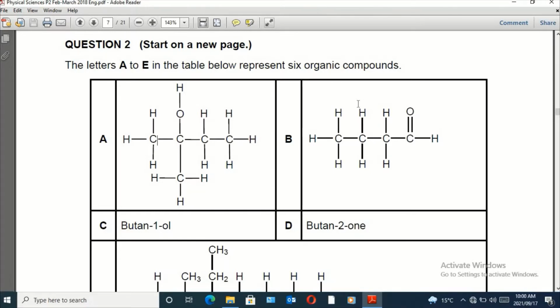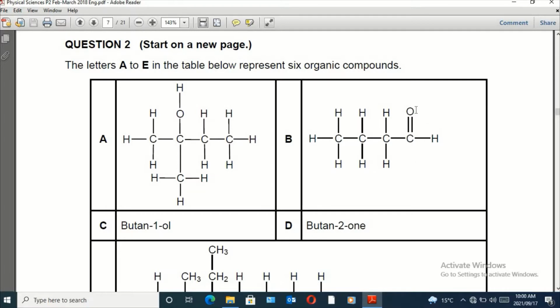Compound B is what we call an aldehyde. But then how do you identify an aldehyde? An aldehyde has what we call the carbonyl group. This carbon to oxygen double bond here, we call it a carbonyl functional group.